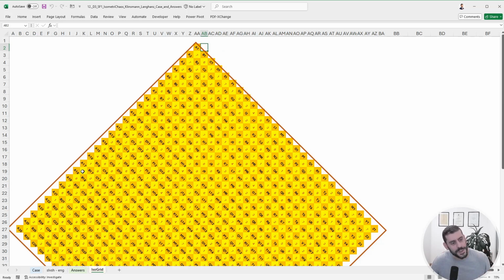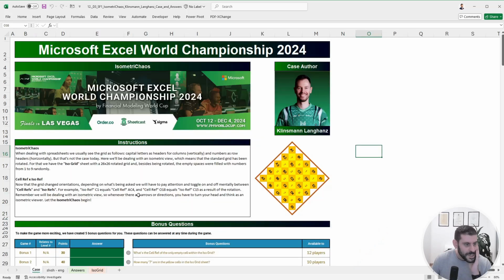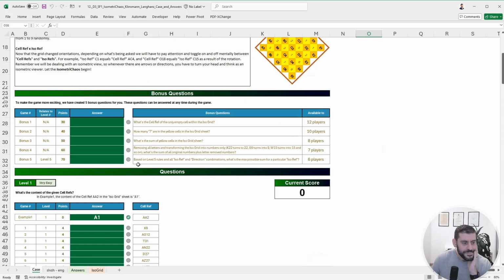Same thing for the columns. Sorry, for the rows. So you have A1, A26, and in the middle cells between the addresses, you have those numbers, I think 0 to 9 or 1 to 9 or something like that. And so the whole case is about the navigation in this kind of specific grid. That's basically it.